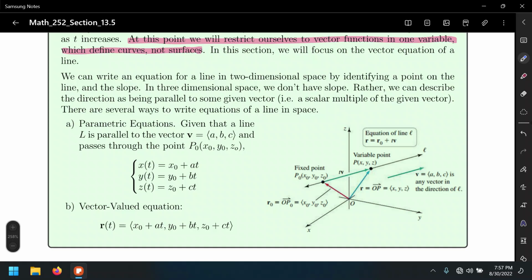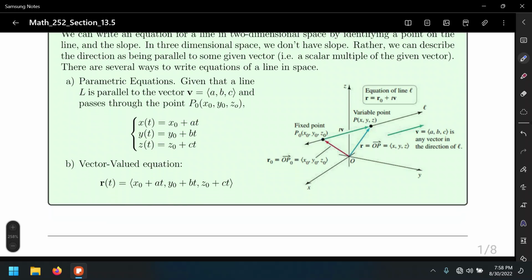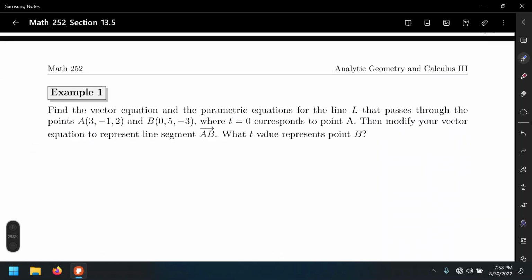That will be a given point. So that's how we're going to describe this equation, not with a slope and the point. We're still going to use a point, but in this case, a vector that goes in the direction of the line, not the slope.